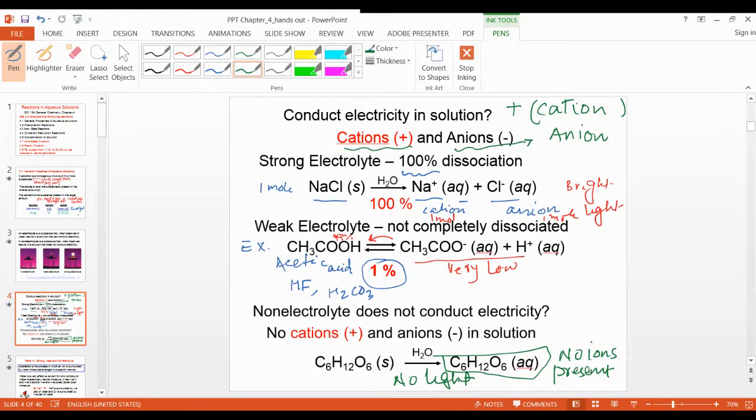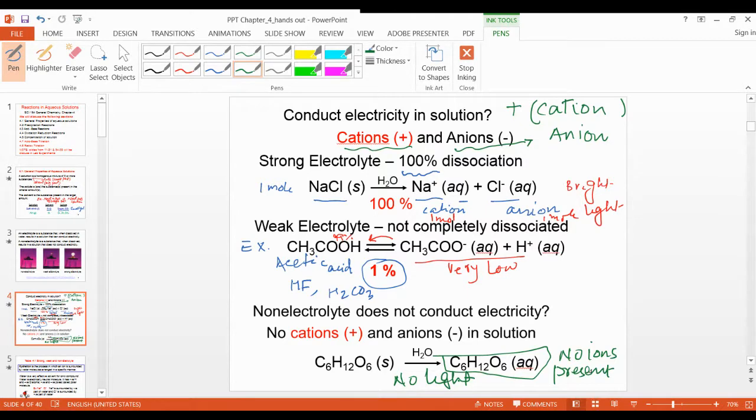Look at the left-hand side: group 1 is all metal and group 2 is also metal, lithium and sodium. Non-metals are carbon, nitrogen, phosphorus, oxygen, fluorine. When you make any compound between a metal and a non-metal, that is ionic: sodium chloride, sodium fluoride, calcium chloride, calcium fluoride, magnesium chloride, magnesium fluoride, one metal, one non-metal.